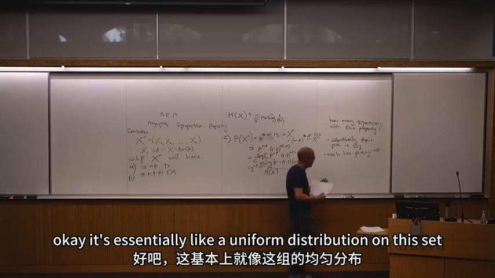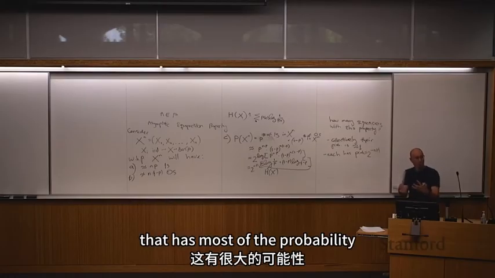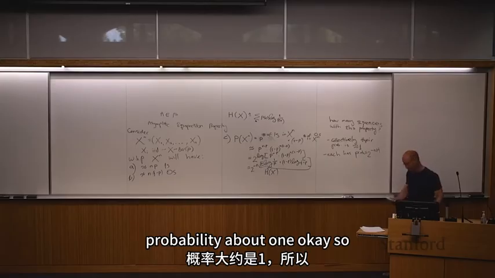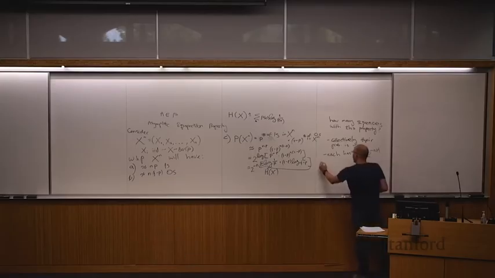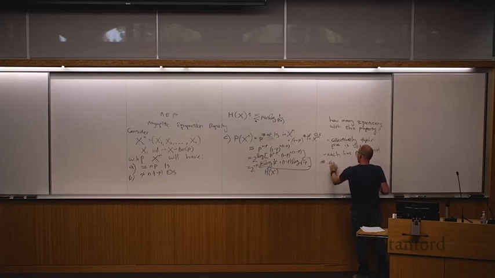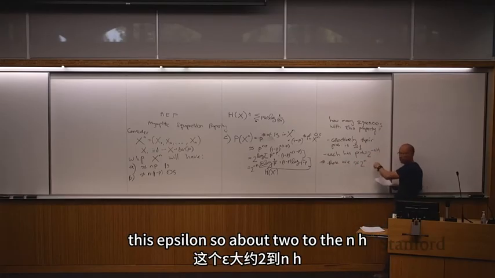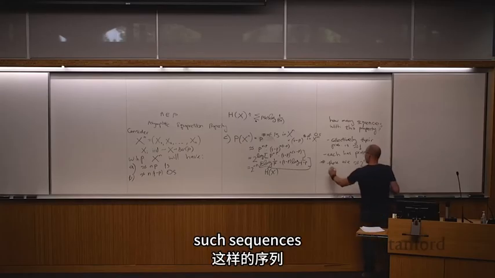It's essentially like a uniform distribution on this set that has most of the probability. So the conclusion is that there are approximately 2 to the n h such sequences.